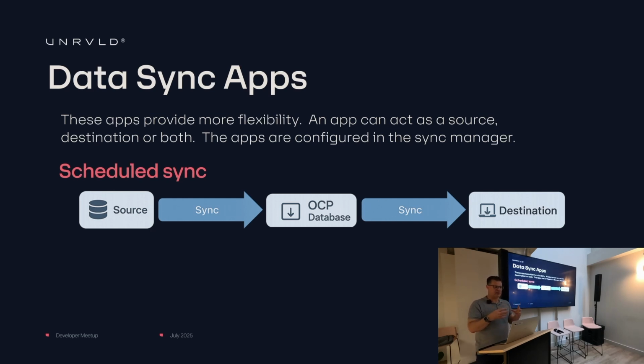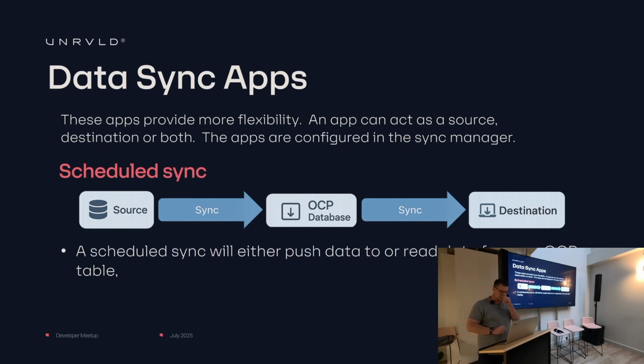So you create a custom table within the OCP database, and then you push it into the destination. With the schedule, it'll either push data into your endpoint, into the OCP database, or it'll actually read data from the OCP database. So it's about getting data in, then you have another process that gets it out again.